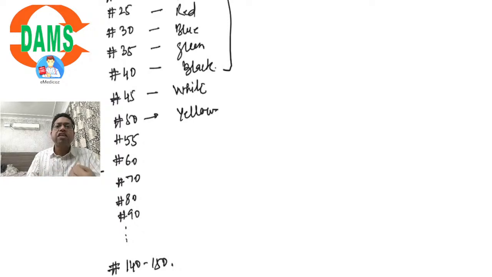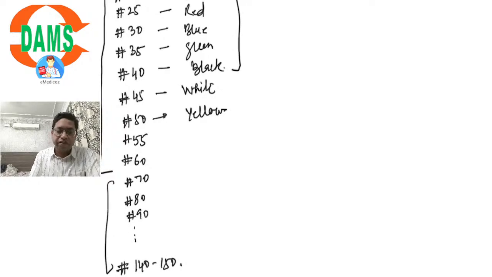And from 60 till 140 to 150, there's an increment in size of 10. So increment of 10 each, increment of 5 each. And respective D0s can easily be calculated by dividing the size by 100.